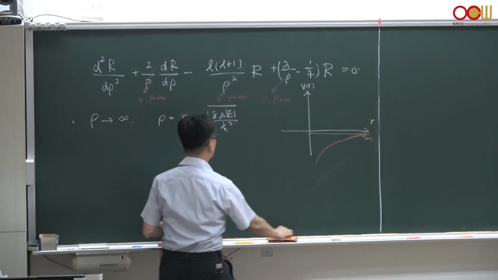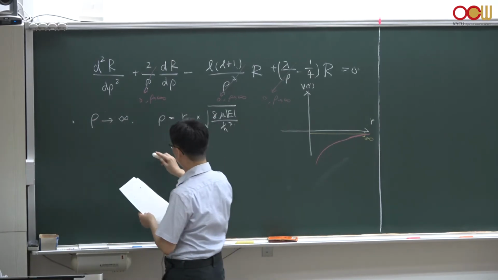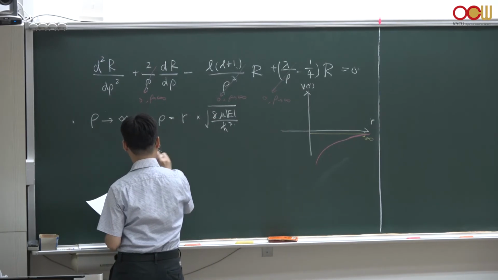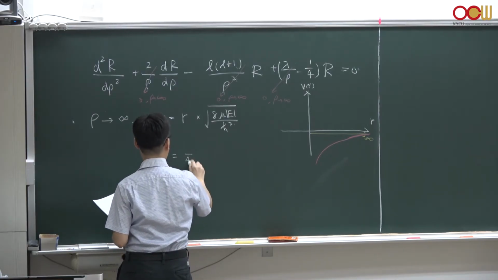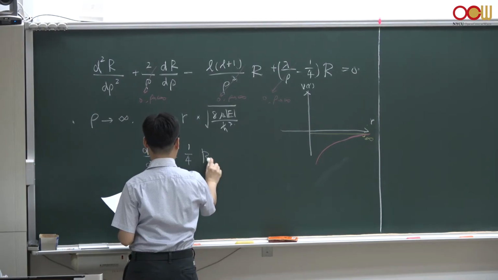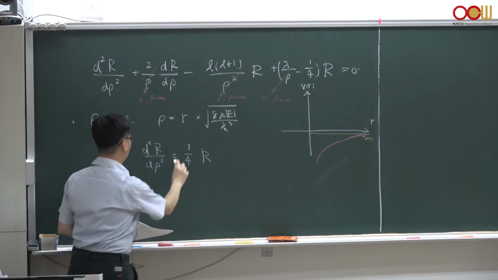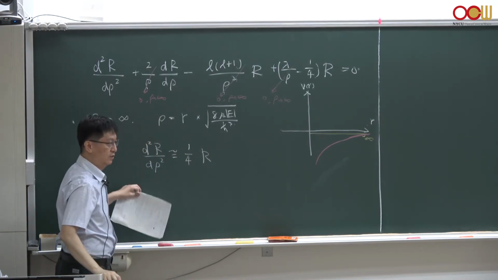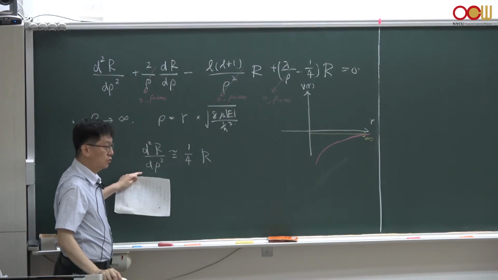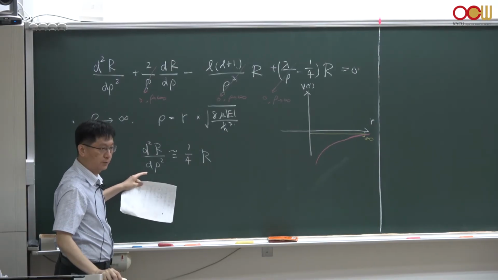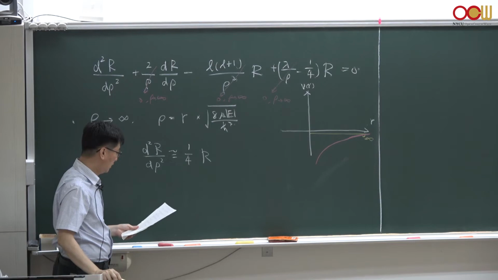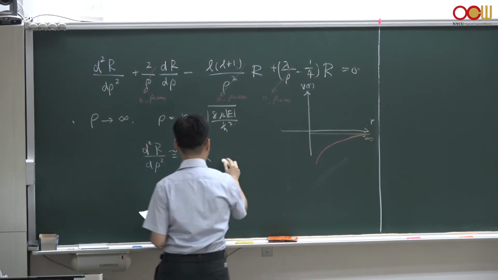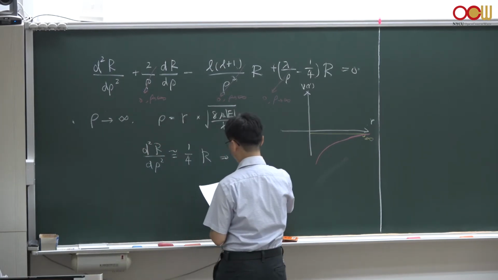The remaining part of the equation is really simple, which is the second derivative of capital R with respect to rho is just equal to 1 over 4 times R. So this is the simplified eigenvalue equation for capital R, which could of course be solved. And the solution of this is really simple.